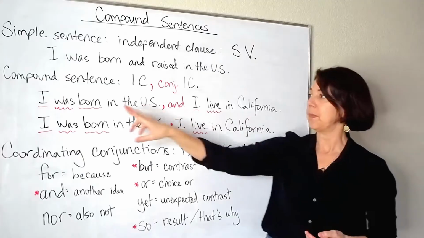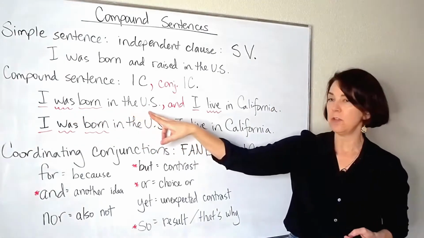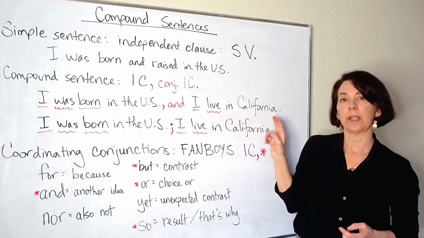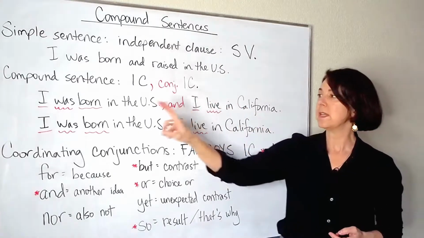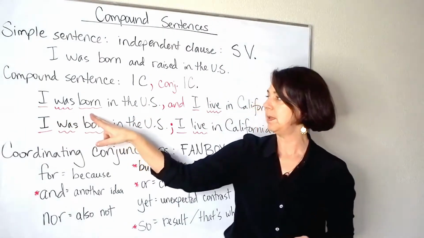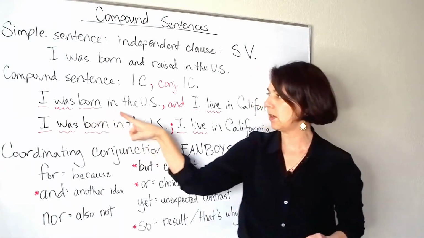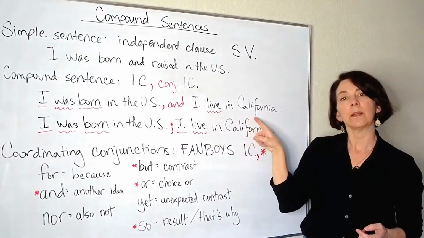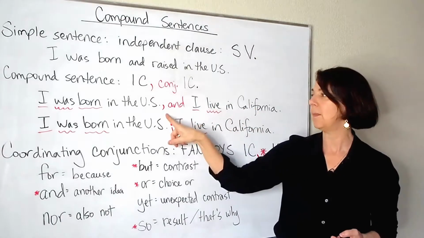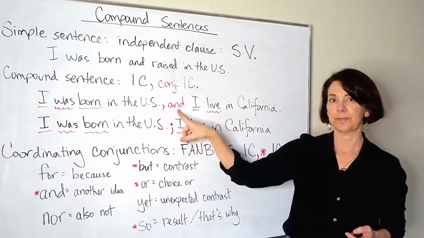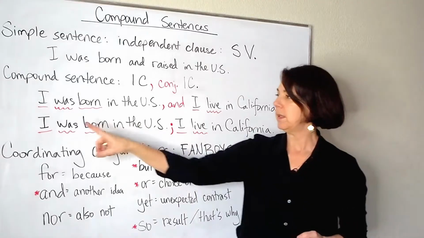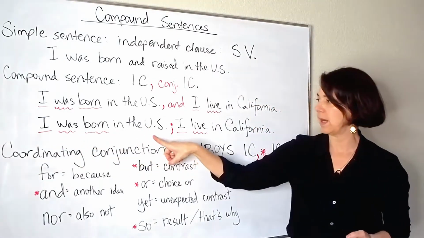For example, we can say, I was born in the US, and I live in California. So you can see here that we have subject, verb, and we have subject, verb. So we have independent clause, and then we have a comma, and. In the second one, we can say, I was born in the US.